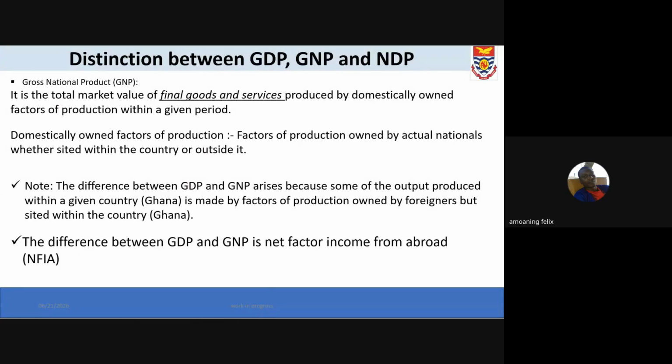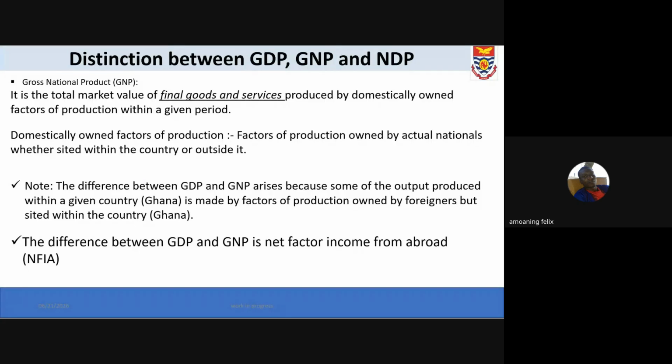So we are saying that we now know what a GDP is. Now, how do we know? Because I told you that when you talk about GDP, it's gross domestic product. It's a domestic thing. But our main interest is not about the domestic. We want to see how the Ghanaians are performing. When you talk about domestic, we are looking at what everyone is doing in the economy.